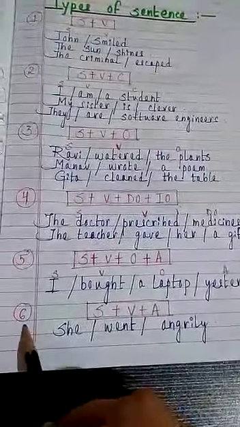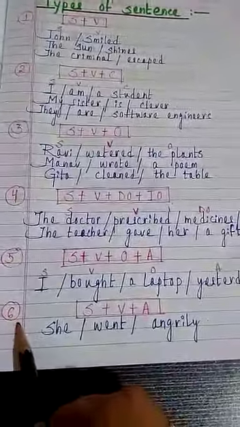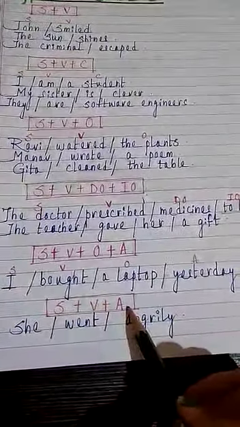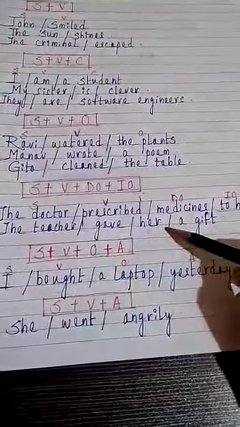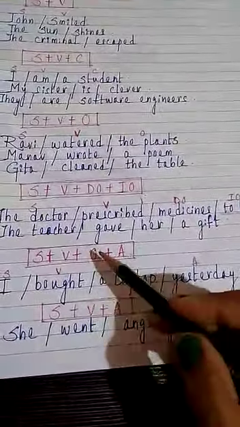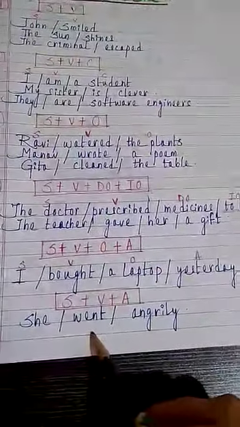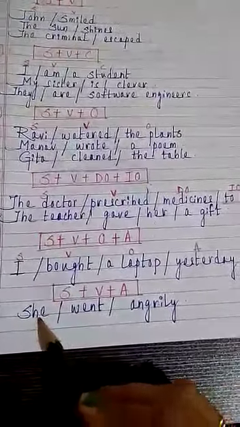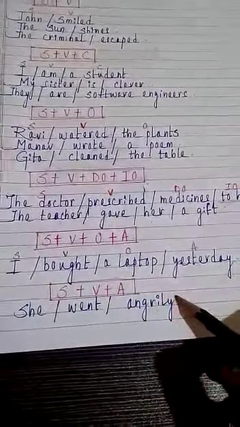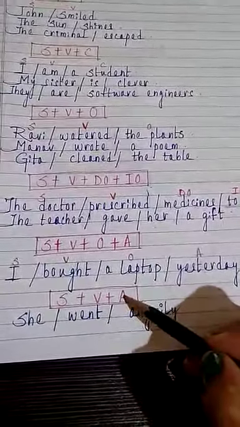Then coming to the next category, that is the sixth type, subject plus verb plus adjunct. You can omit the object part here. You can directly add the adjunct part in place of object. So look at how you will form the sentence. She went angrily. So it is the feelings. The feelings also come under the adjunct part.